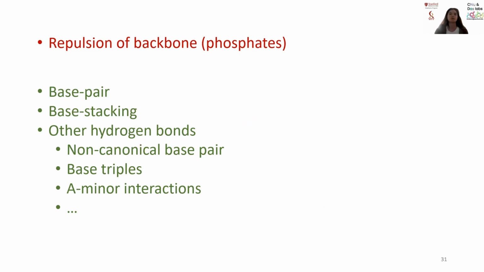You can actually have triples. So you can have 3 bases all hydrogen bonding together. You can have adenines, like we just saw, interacting with a helix. And then you can also have things like metals coming into play. So these are all just good interactions that allow the RNA to compact and fold up despite the repulsion.